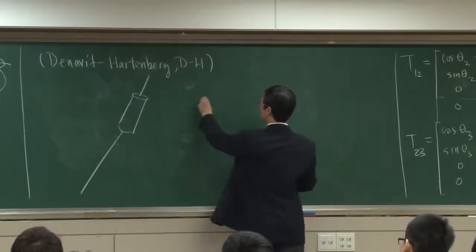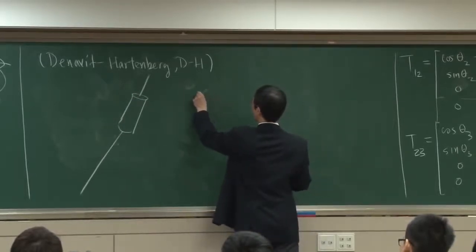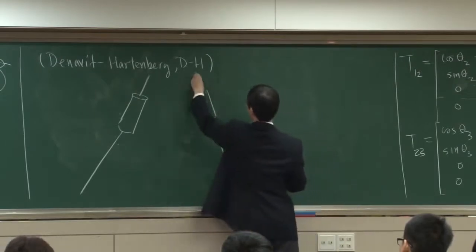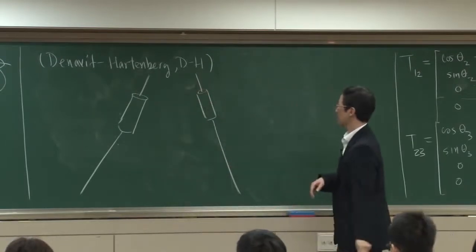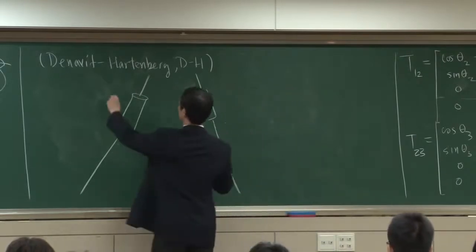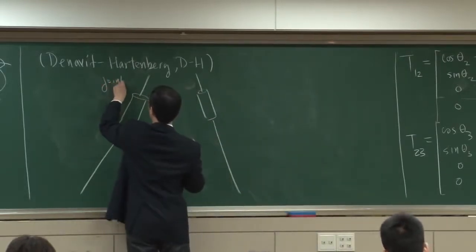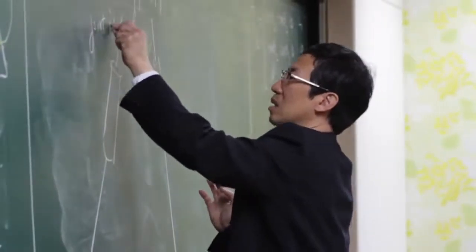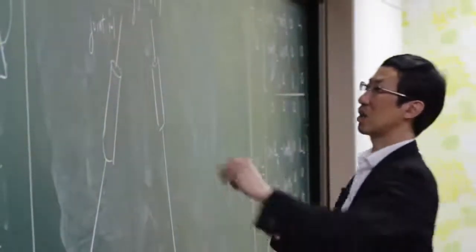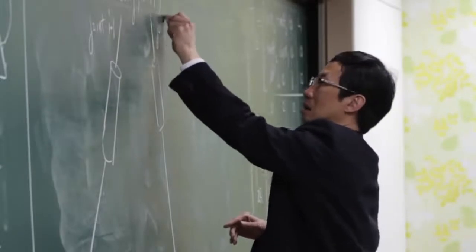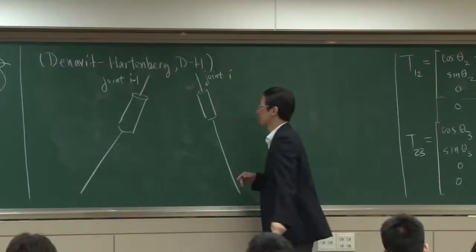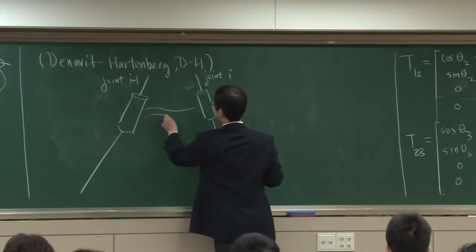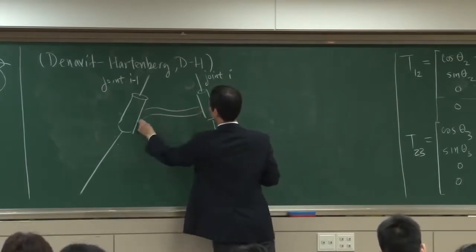So here's one joint. Here is another joint. Let's call this joint I minus 1, and this is joint I. And there's some link that connects these joints.